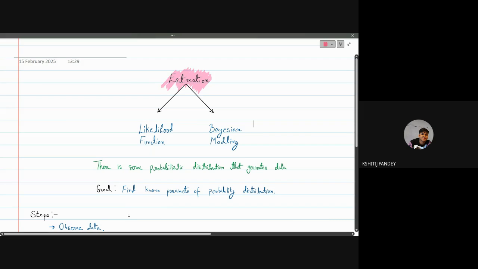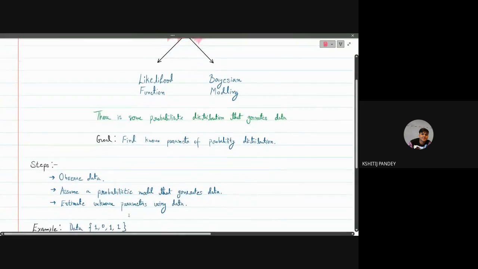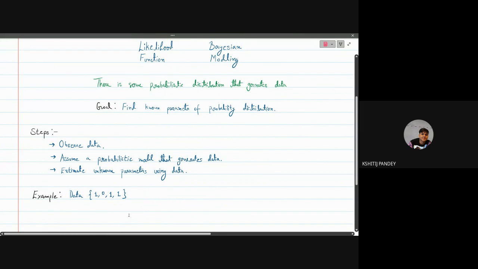Okay. So in this week, we'll be looking at estimation. And we assume that for the data we have, there is some probabilistic distribution that generates the data. So our goal here is to find the unknown parameter of the probability distribution from where our data is getting generated. And there are a few steps involved here.